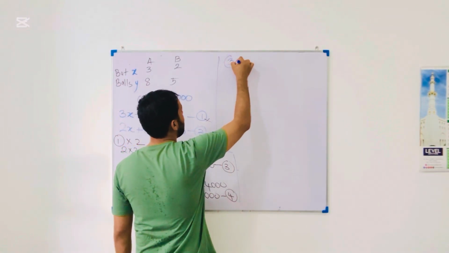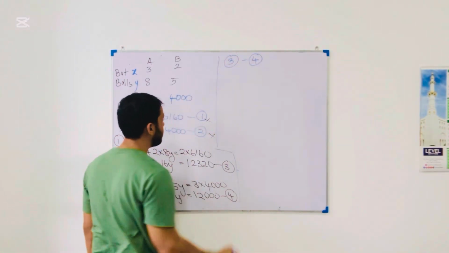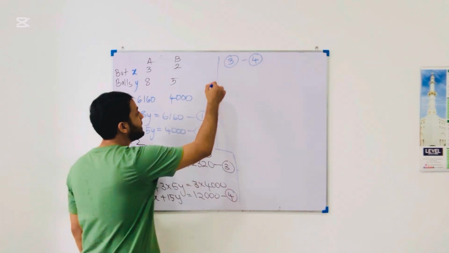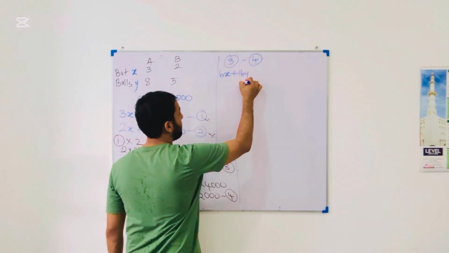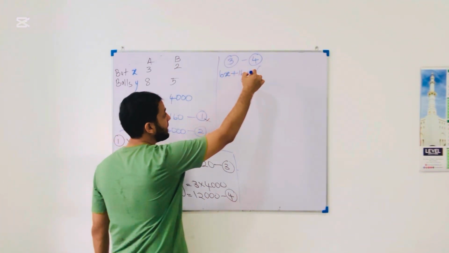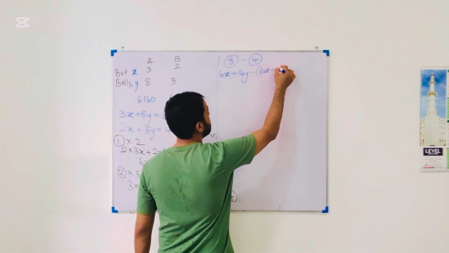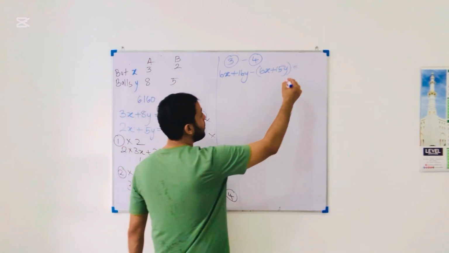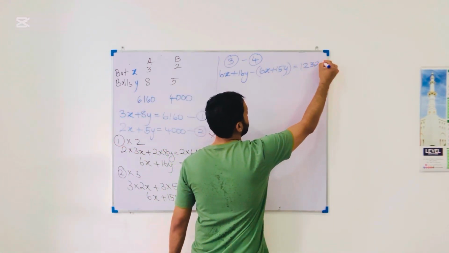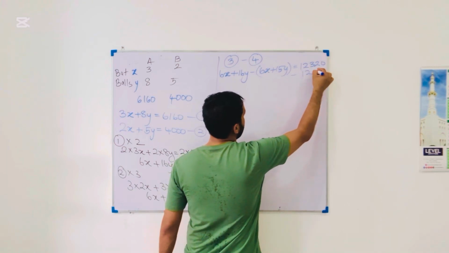So 3 minus 4. Right, so third one, on your left hand side you have 6x plus 16y, minus fourth one, on your left hand side you have 6x plus 15y. Then on your right hand side you have 12,320. I'm going to write a bit below, minus 12,000.